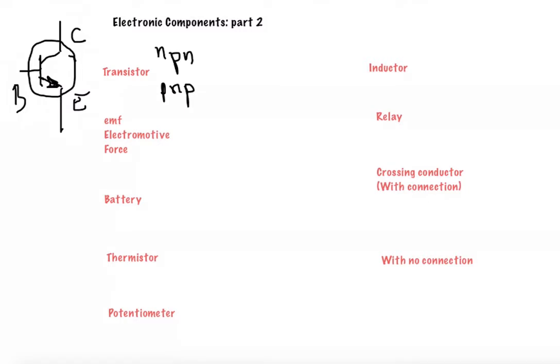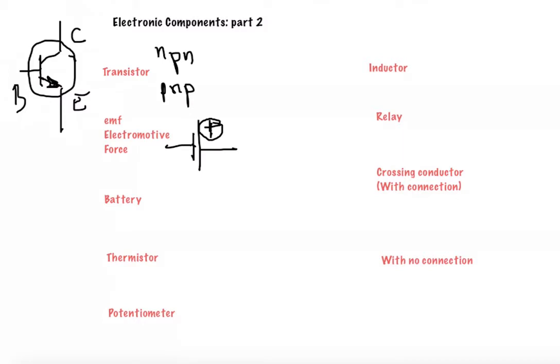The next one was the EMF. We have seen also the EMF. We represent the EMF with two plates like this. One is longer than the other one. The longer plate usually has the positive charge.